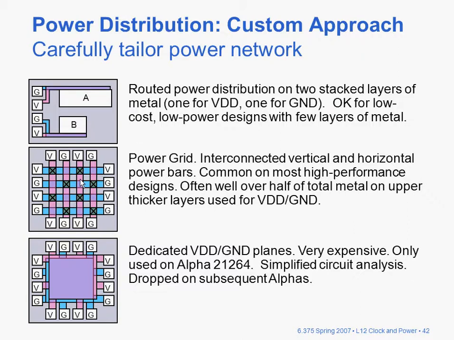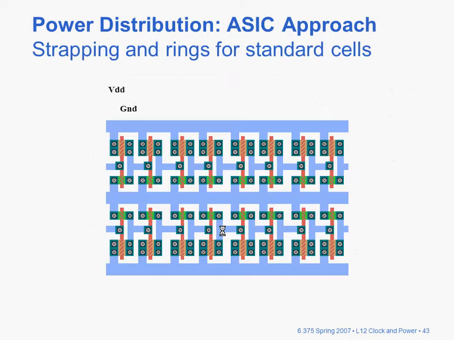A power grid is probably a little bit more common, where you distribute power and ground all over the chip in a grid type fashion. And one scenario that you might see from printed circuit board technology might have been dedicated VDD and ground planes, very expensive and probably not used that often.